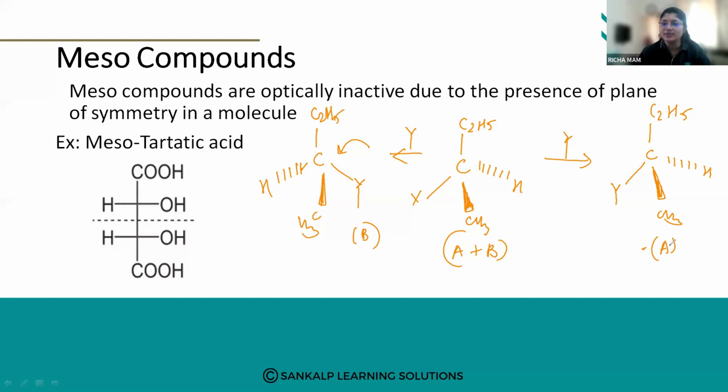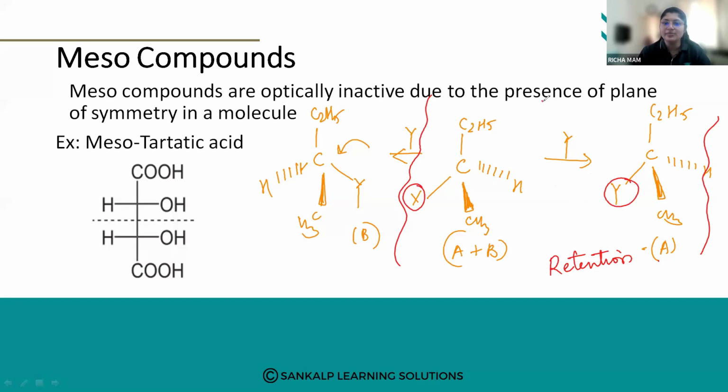If A is the only compound obtained, then what is the process called? When you compare this and this, it is said to be retention of configuration. So if A is the only compound obtained, it is called retention of configuration. Why? Only this is replaced.